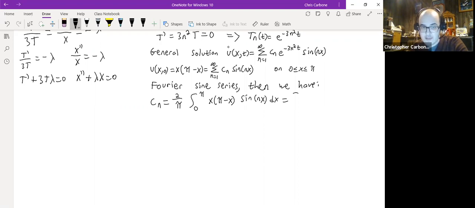And this gives us a couple of nice values. We have 8 divided by pi n cubed if n is odd, and 0 if n is even.